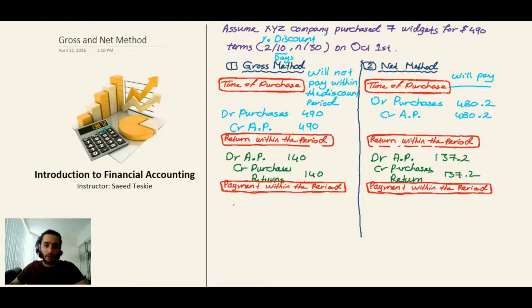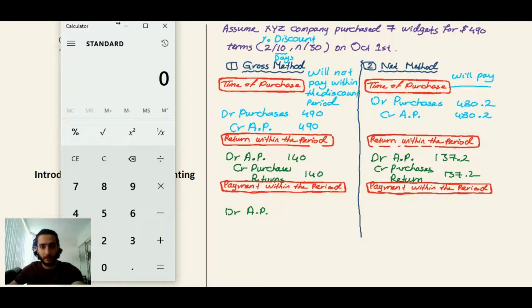What will be the journal entry? It will be debiting accounts payable with the remaining balance. So we have purchased 490 minus the 140, the return, it will be 350.